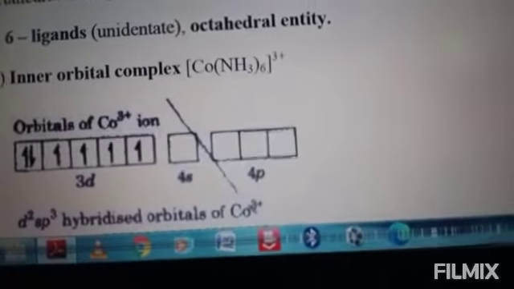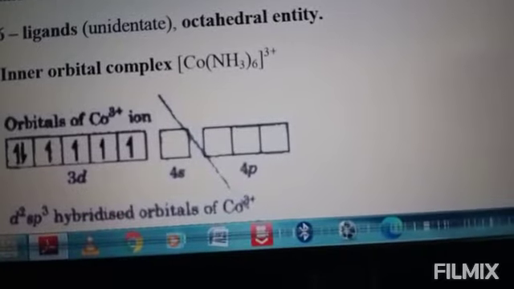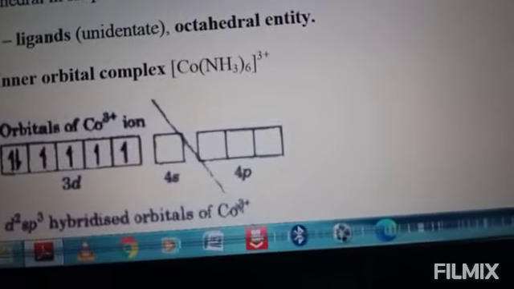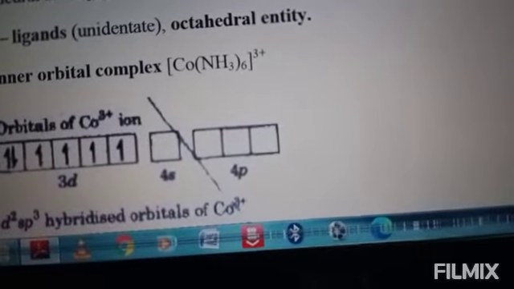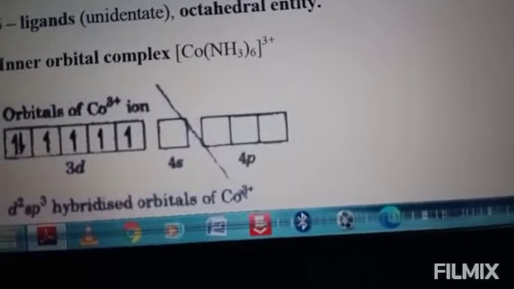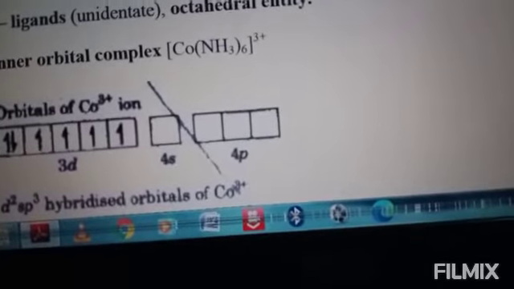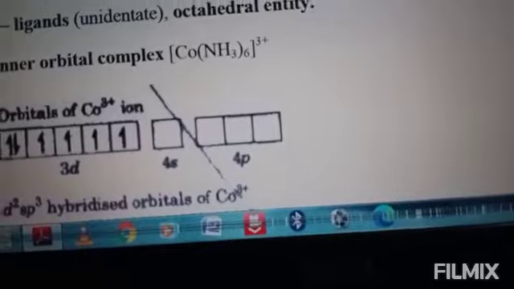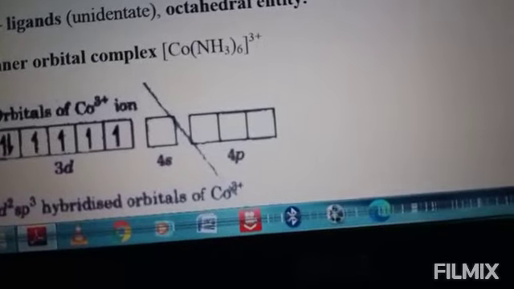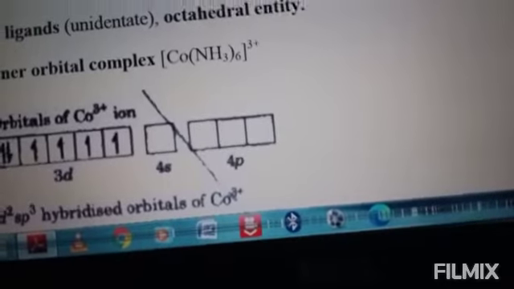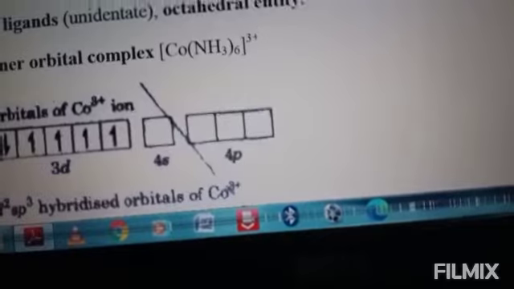Clear? So here we need 6 NH3 molecules, so we need to make 6 spaces. Clear? In order to make these 6 spaces, we need to rearrange the 3d electrons. When we rearrange the 3d electrons, from 3d we get 2 empty orbitals by pairing electrons in the 3 orbitals.